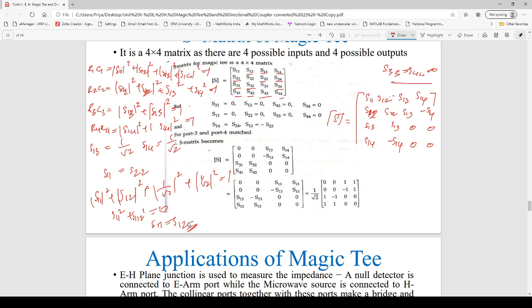And from this equation and this equation, I can say S22 is also equal to 0. So if I substitute here, S11, S12, S21 and S22, all are equal to 0.